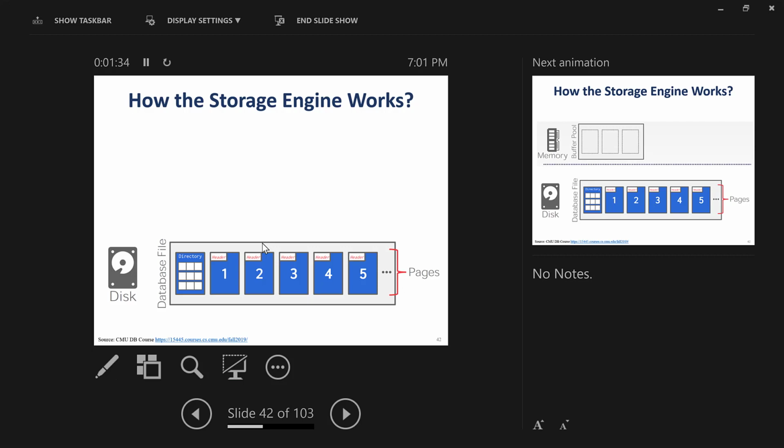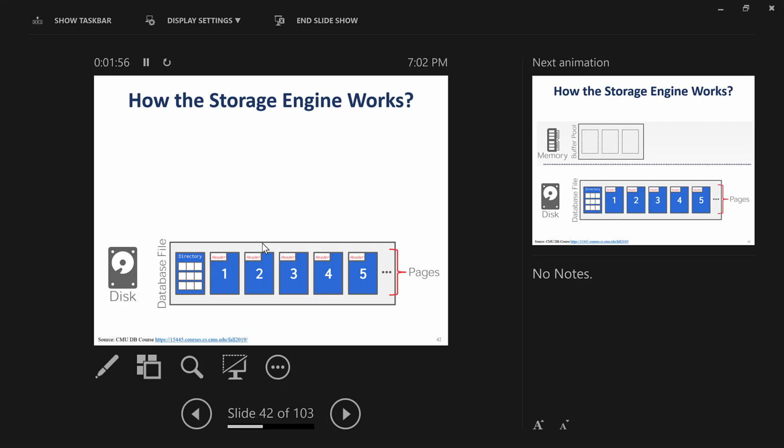So it has a physical address. What this dictionary does is it contains basically a simple dictionary. The key is the ID of the page, and the value is the physical address of the page. That's the first level of organization.